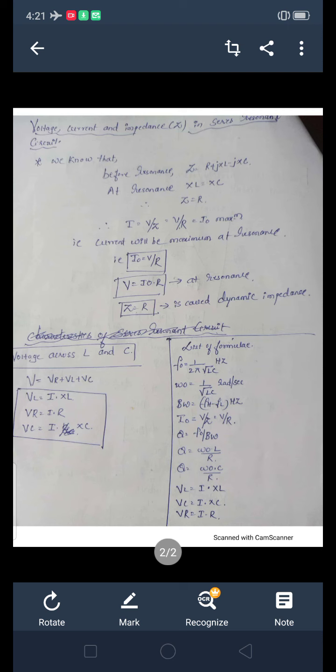Whereas the parallel resonance circuit, we call it a rejector because the opposite takes place. There at resonance, the current is going to reach the minimum value. Here at resonance, the current is going to reach the maximum value. We'll see more detail about the parallel resonance circuit in the next video.